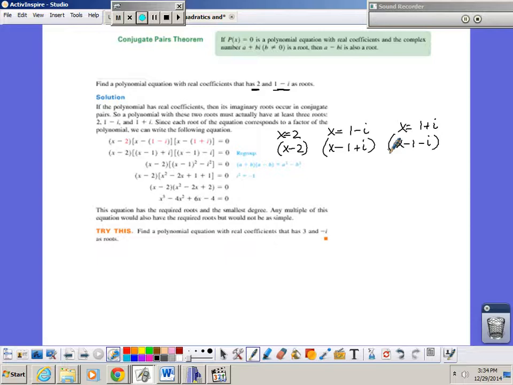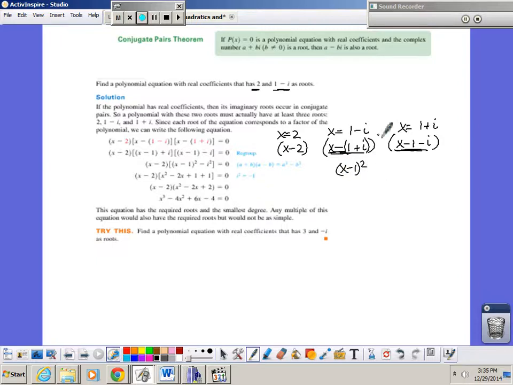You can only multiply 2 things at one time. And if I put a plus on here, plus i, this is x minus 1 plus i and x minus 1 minus i. They are conjugates. This is a conjugate of this. So x minus 1 times x minus 1 is x minus 1 squared.